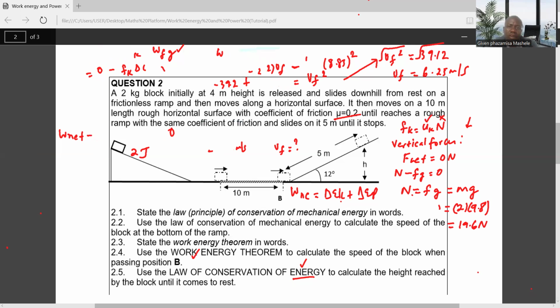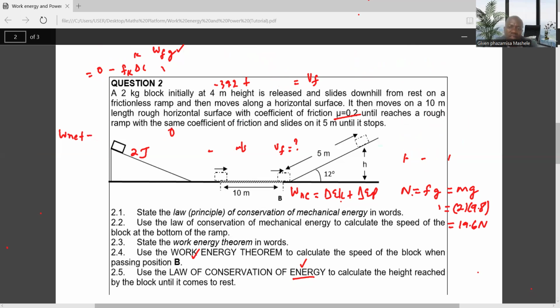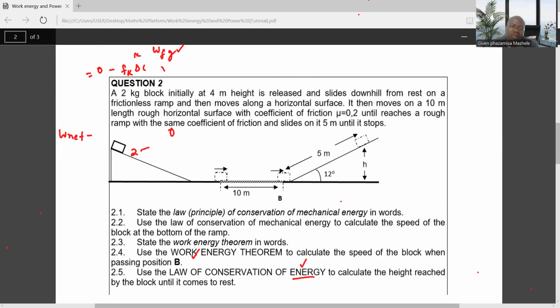The angle of the incline is 12 degrees. It has moved a distance of 5 meters. The initial is 6.25. The final is 0. Then we want the height, h.